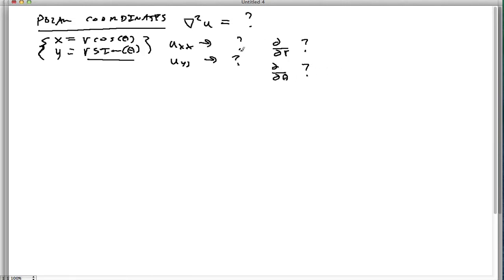So how do these actually work? How do we go back and forth between these? We can do this by doing a change of variables. However, it's fairly complicated, and it's not very enlightening.